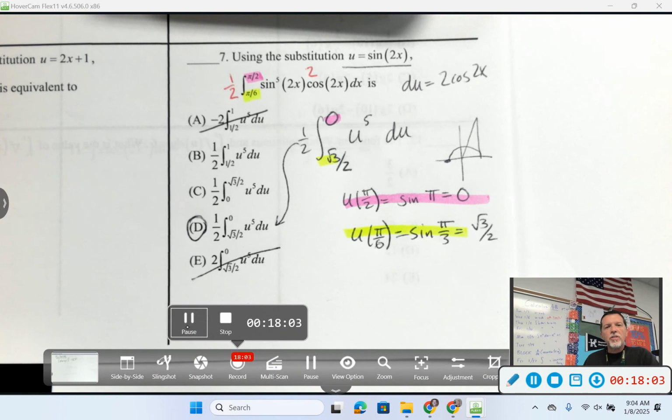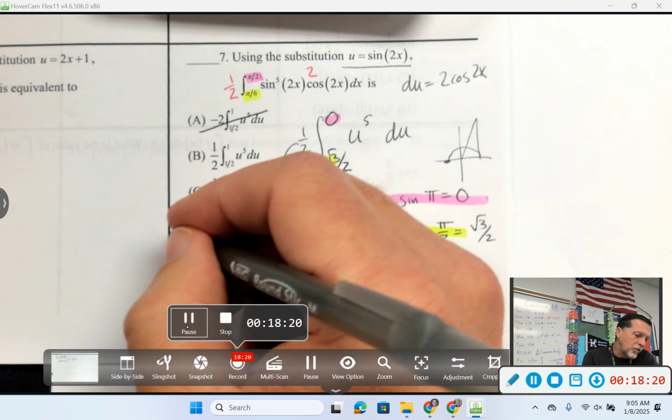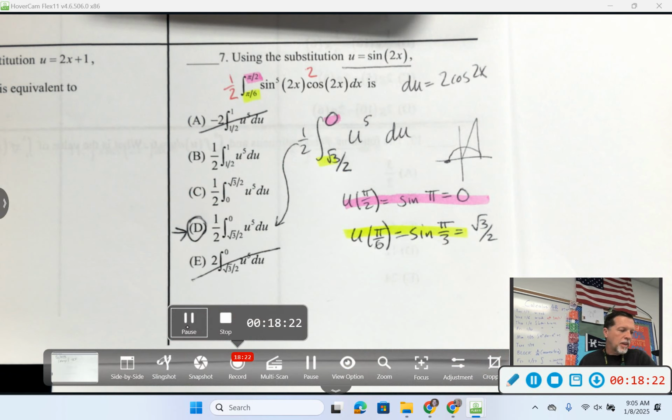So answer choice D. What would make C correct? C's close. The 1/2 was negative. Yeah, if you wanted to switch those and make that negative, then C would have been right. And I was wondering if they were going to do that. They didn't. So answer choice D, it is.